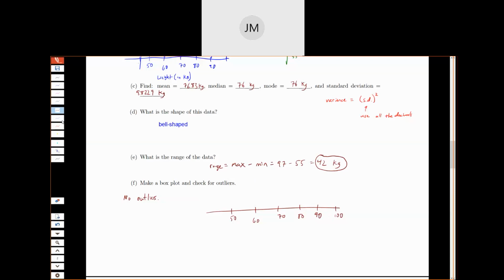Then I want to put 55 on here. My max value is 97.